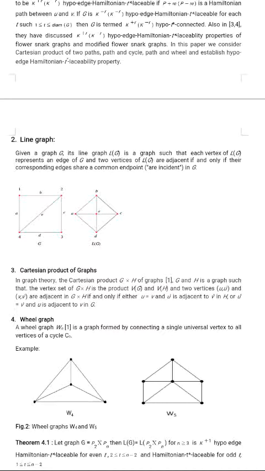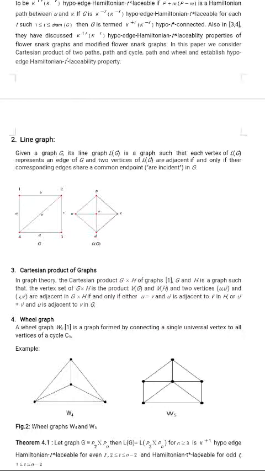Okay, let us consider the definition of line graph. Suppose a graph G, then its line graph is denoted by L of G. L of G is a graph such that each vertex of L of G represents an edge of G, and two vertices of L of G are adjacent if and only if their corresponding edges share a common vertex in G. Roughly speaking, suppose we consider a graph G, it contains some vertices and edges.